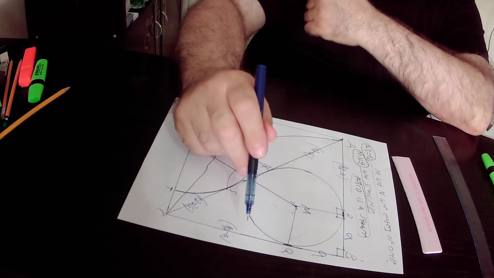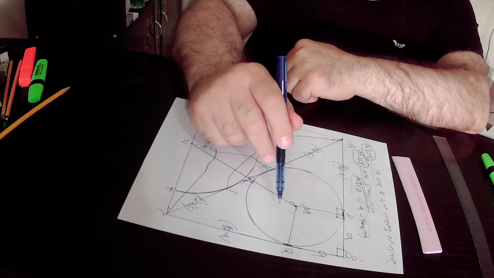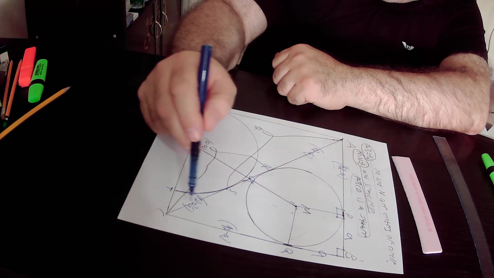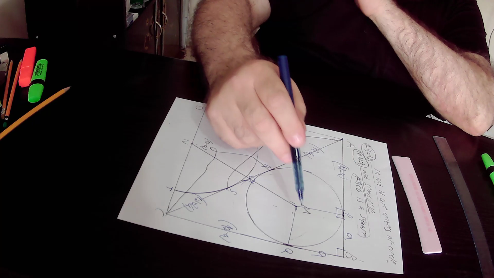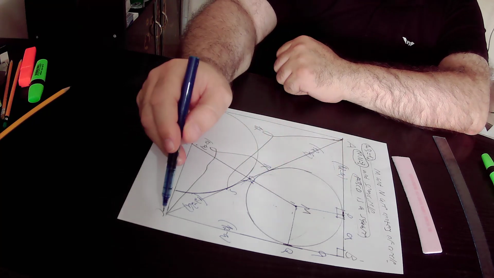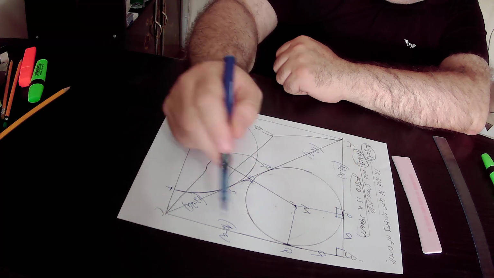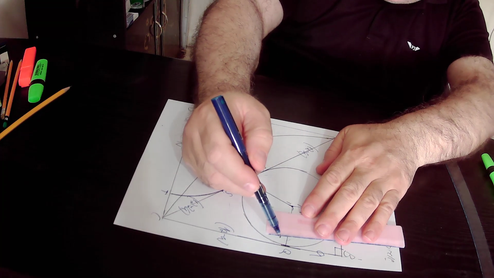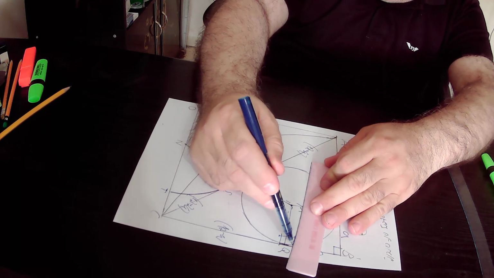And whenever you have a radius that is drawn to the point of tangency, then the tangent will be perpendicular to that radius. In this case, tangent BC will be perpendicular to the radius QM. So BC is perpendicular to QM, that is to say, this angle will be equal to 90 degrees and this angle will be also equal to 90 degrees.